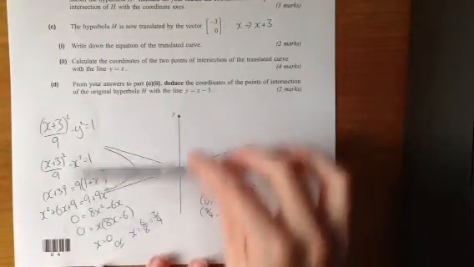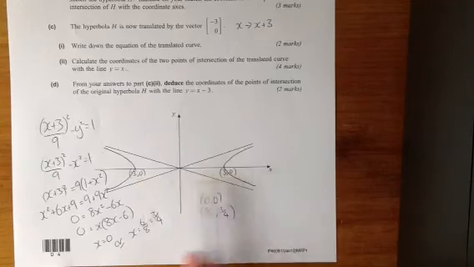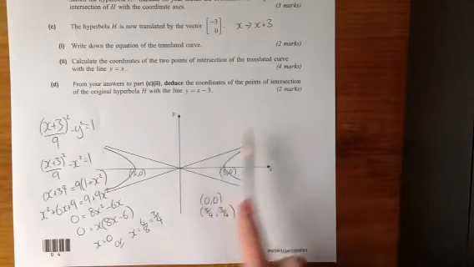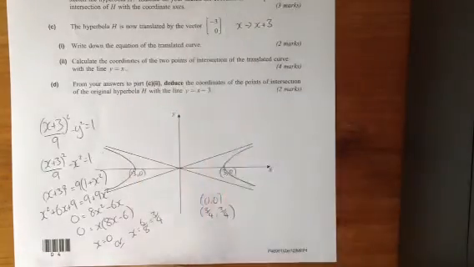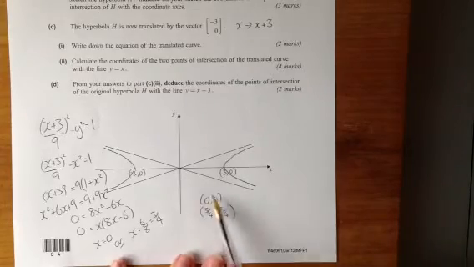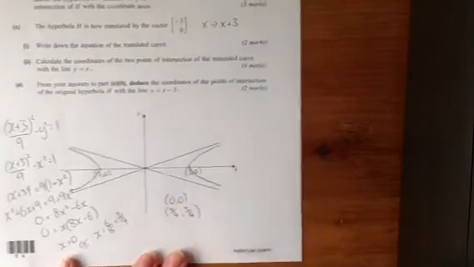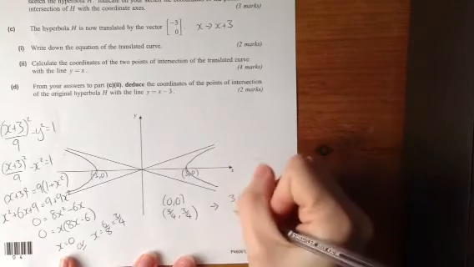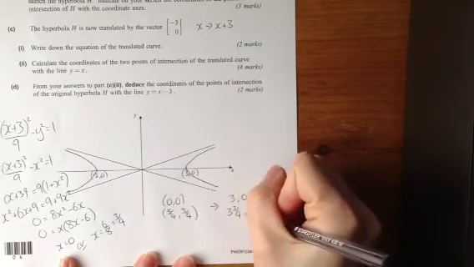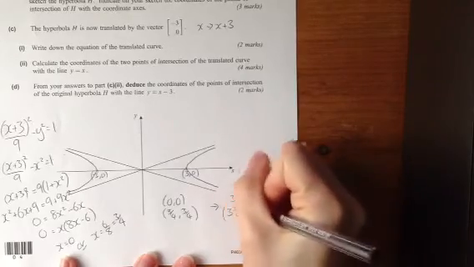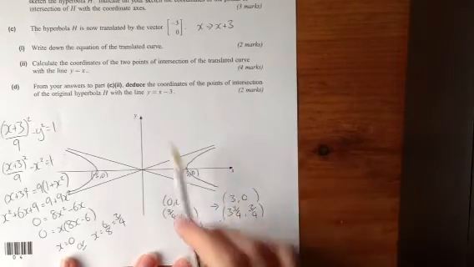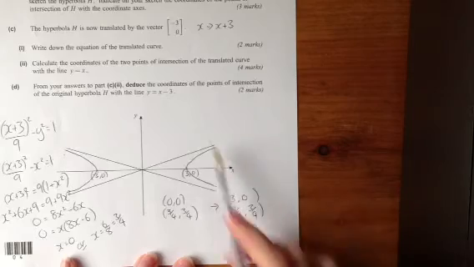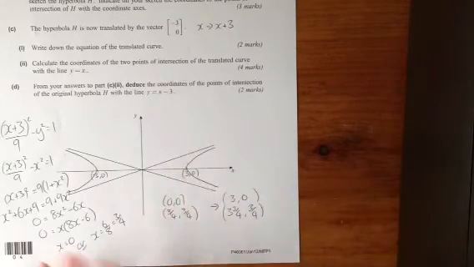The y bit isn't moving, so we're just going to worry about the x's, which means if we're moving our thing 3 units in the positive direction, we just need to add 3 to the x coordinates of both of these. So we would get (3, 0) because the y coordinate doesn't change, and (3 3/4, 3/4), and they're your 2 points. So we've just added on 3 because that is what the translation is doing. It's changing the x's, it's not changing the y's.